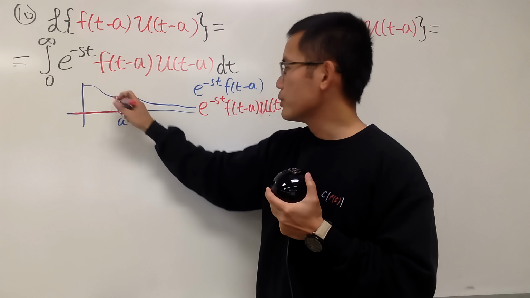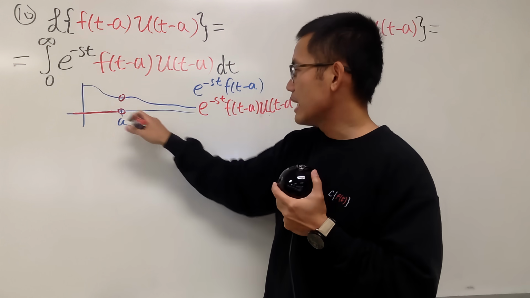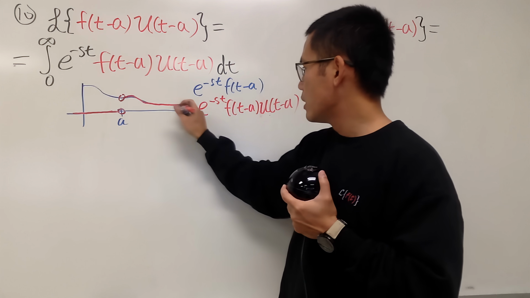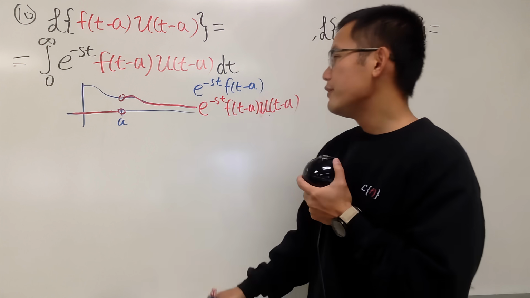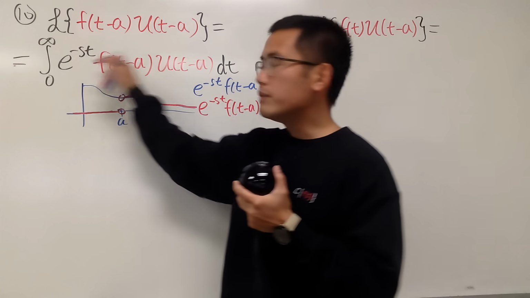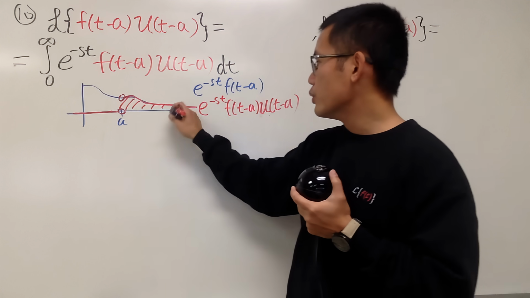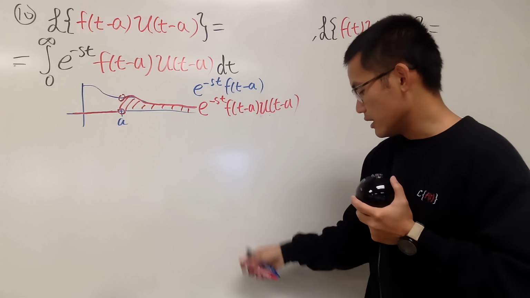And then you jump to 1. And 1 times this is, of course, just that. So anything after a is just the original blue curve, like that. So it's similar to what we did earlier. And if you want to find the area from 0 to infinity of this, you can just find the area from a to infinity of the blue function. So that's pretty much the idea.